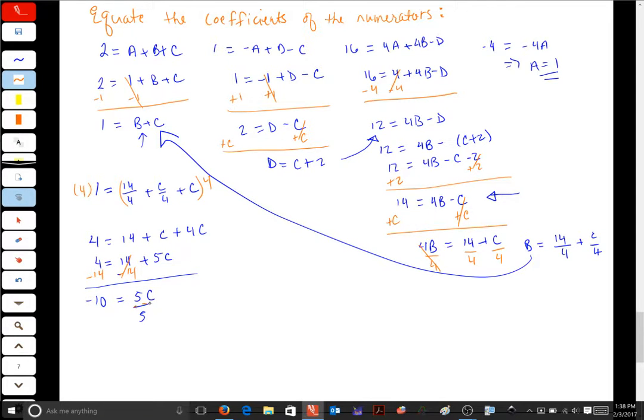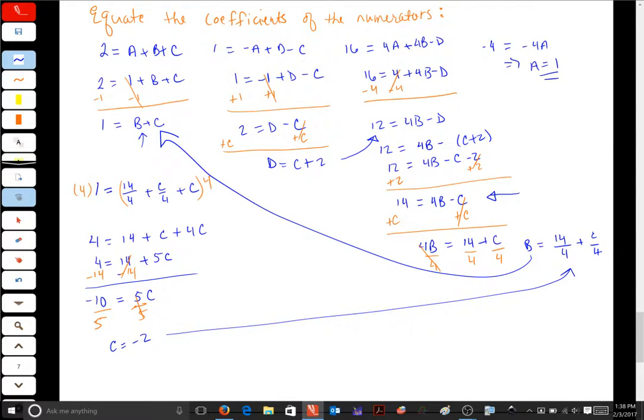And so then divide by 5, and we get, what is c going to be equal to? C is negative 2. Now we can go back and plug it in for b.